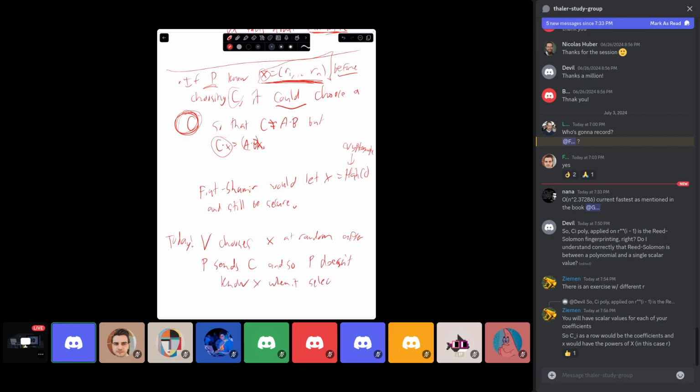All right, and this is going to come up over and over again in SNARKs, where the prover is going to commit to some claimed data, like C here, and then the verifier is going to want to apply some randomized checking procedure on that data.